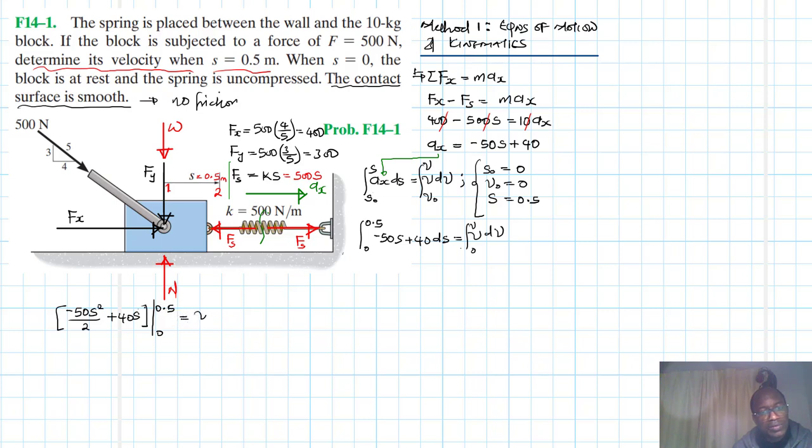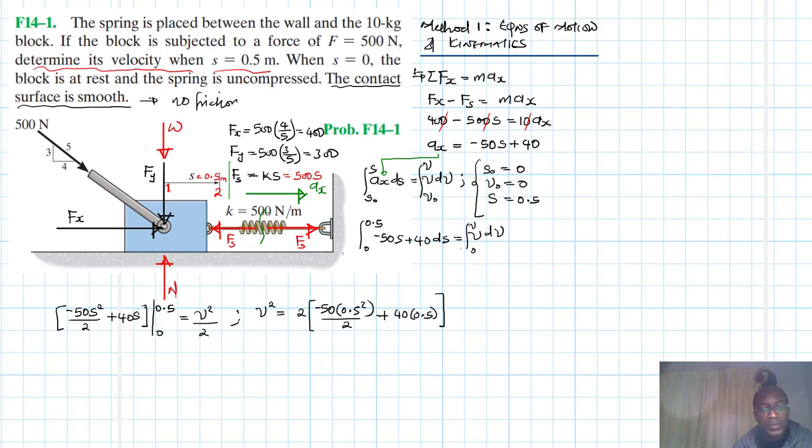Then this is just equal to v squared divided by 2. This is the v squared we want to find, and therefore our v squared is going to be equal to 2 times minus 50 times 0.5 squared divided by 2 plus 40 times 0.5.